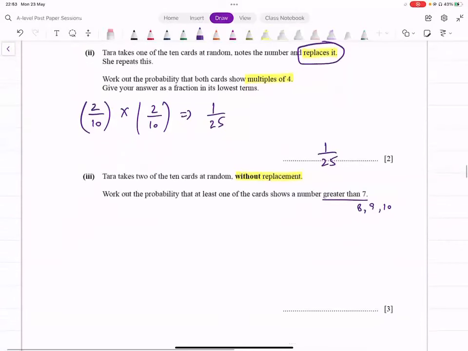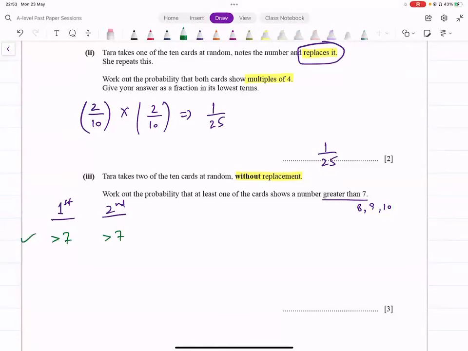So now let's think about the possibilities that we've got. अच्छा देखें, हम यहाँ पे list down कर लेते हैं. So let's say you've got first card and you've got second card. इसमें आप tree diagram बनाना चाहें वो भी कर सकते हैं. Tree बना के अगर आपको आसान लगता है, that's going to be okay. आप वैसे भी सोच सकते हैं कि क्या possible cases हैं आपके पास. अच्छा, एक possible case क्या हो गया? That the first is greater than 7 and the second is also greater than 7. दोनों 7 से बड़े हैं.